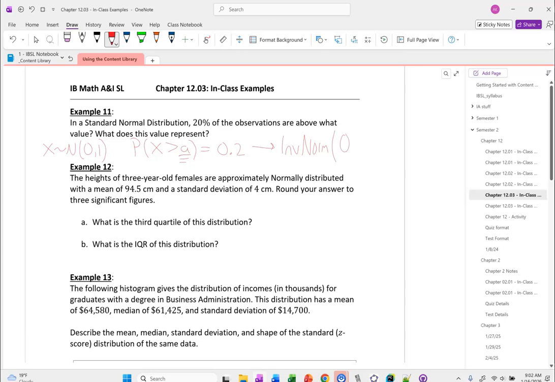What's the area? And do I want left or right? Or center? Think about the picture. Here's A, and above it. I want right. So if you're not sure, draw the picture. And what does that come out to? I have 0.842.